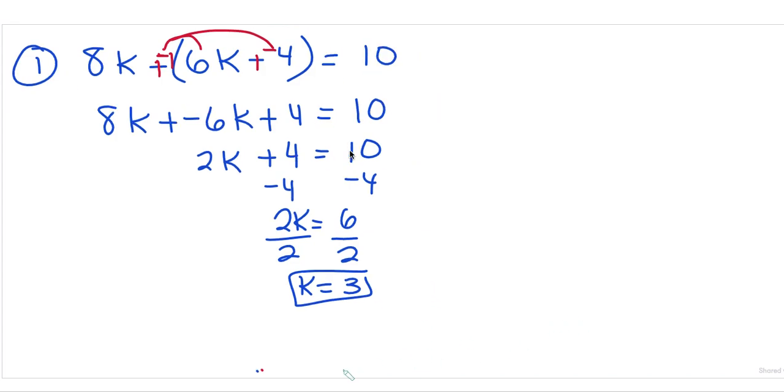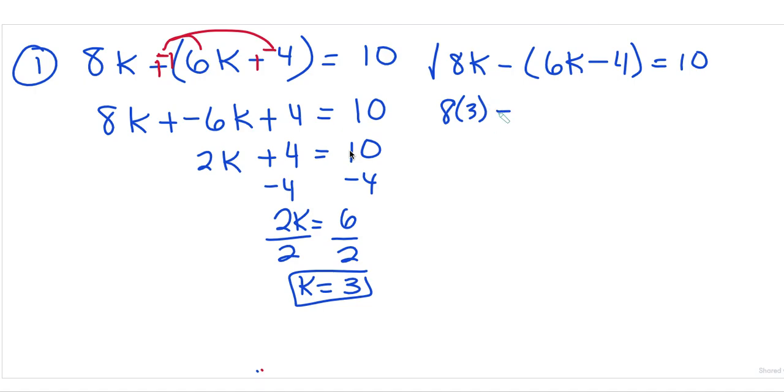For our check, we go back to our original equation. 8k minus 6k minus 4 is equal to 10. We're going to go ahead and put in our 3. So we're going to have 8 times 3 minus 6 times 3 minus 4 is equal to 10. So 24, we have to do PEMDAS, which means we're going to solve what's inside the parentheses first.